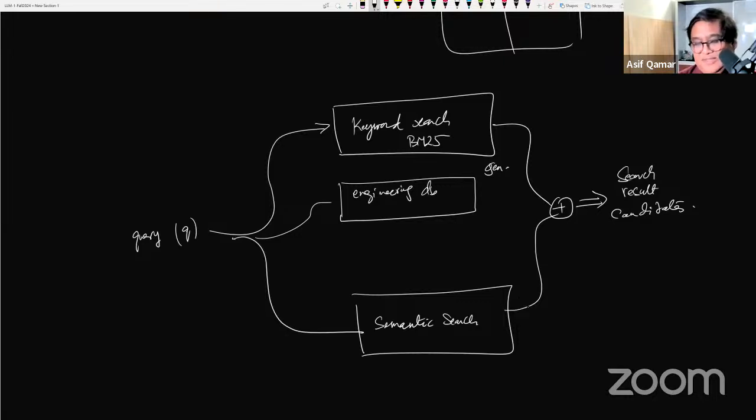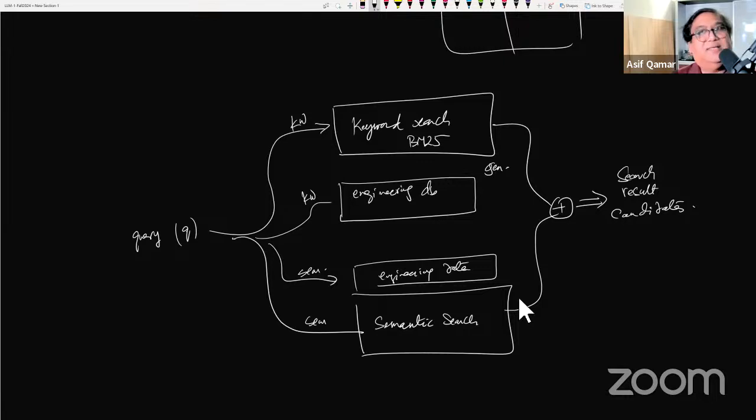Engineering DB, and the same way you might have an engineering DB keyword search. This is keyword, this is semantic, this is semantic. This is an engineering DB, engineering data or engineering text. Likewise, you might have taken your source code, your Git repository, and done the same thing.